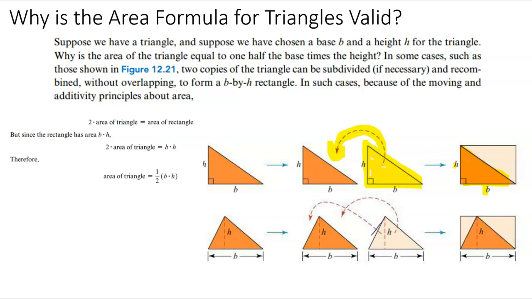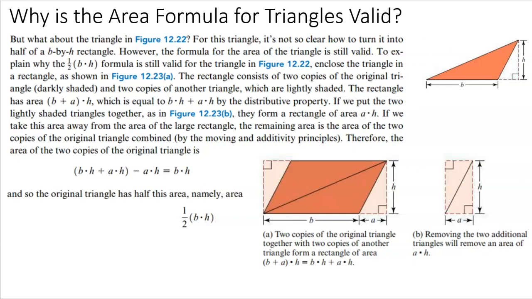We can make a copy, but this time we're going to cut it into pieces, and I'm going to take this little piece here and put it right there, and take this piece and put it right there, and if this is H, then so is that, and I'm still getting a B by H rectangle. And so this little piece is 1/2 of that rectangle.